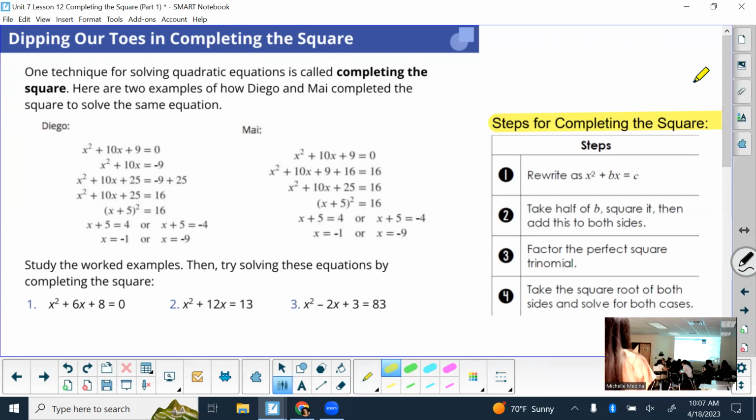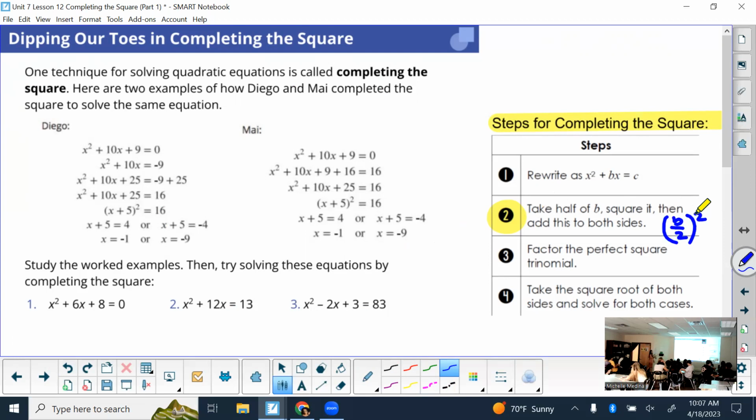Step 1 is to rewrite it as ax squared plus bx equals c. So moving the c to the other side, no longer in standard form. Step 2, we're going to take half of b, square it, and then add it to both sides. That is what we did in that last activity. Each time we took half of b, and then we squared whatever we got.